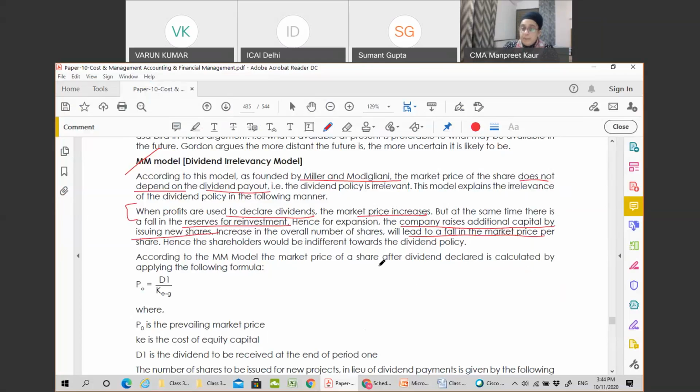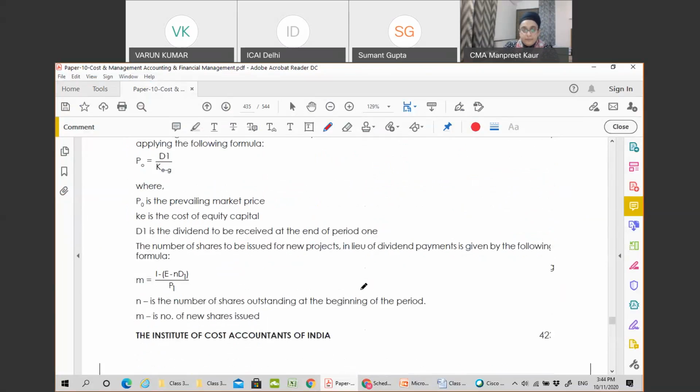This is the MM model, or we can say the dividend irrelevancy model.